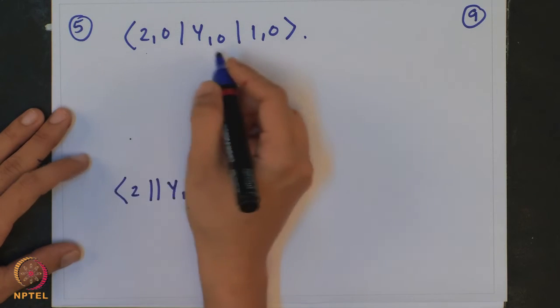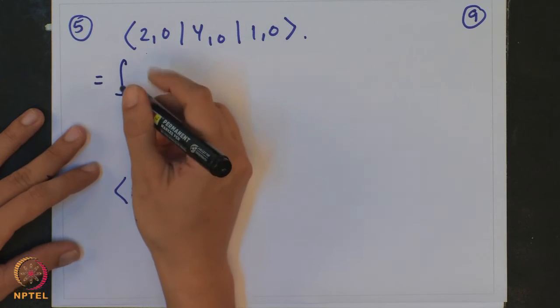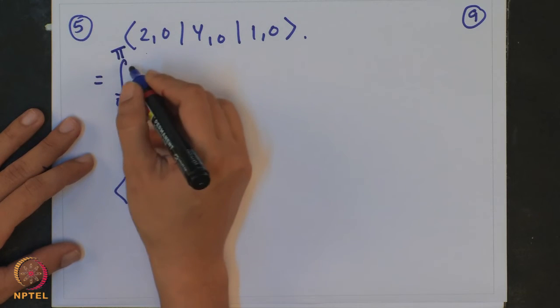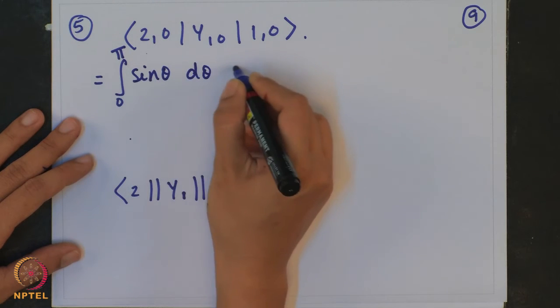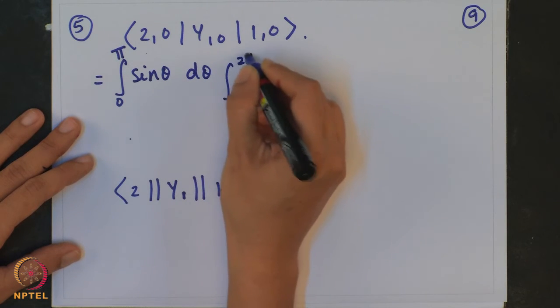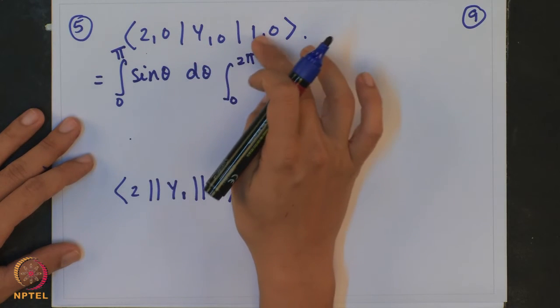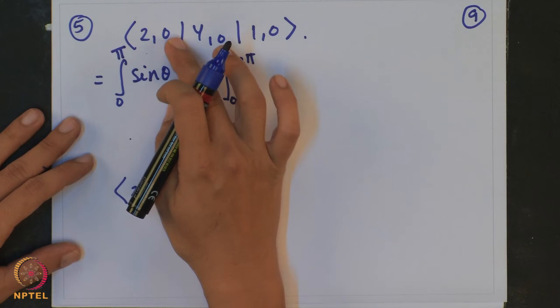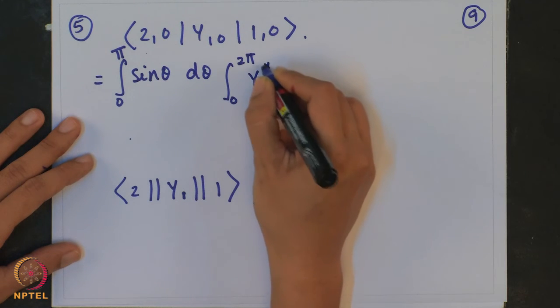If I want to write this in terms of integral or integration, this will be integral 0 to pi sin theta d theta, integral 0 to 2 pi, y 1 0, here you have y 1 0 and y 2 0 star.